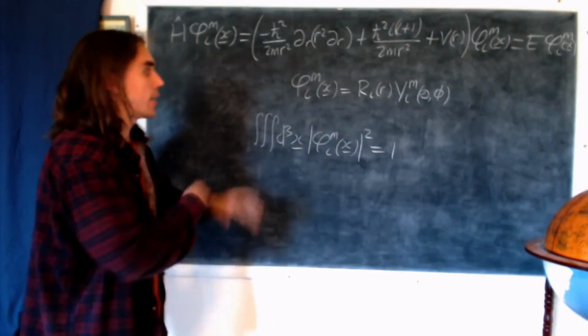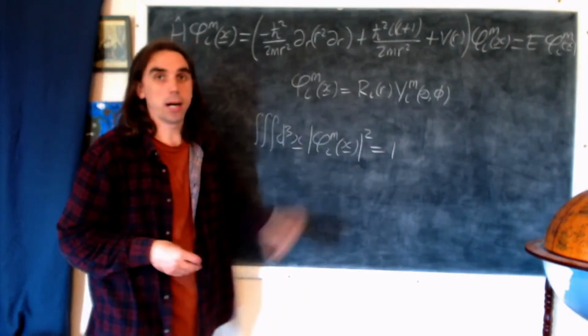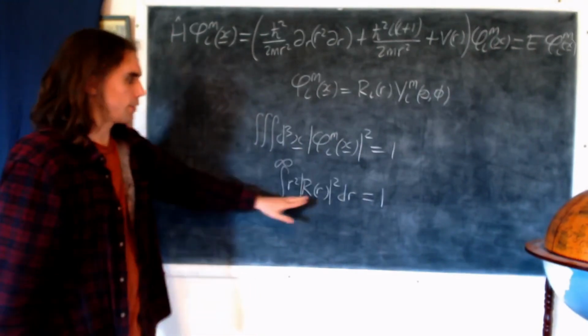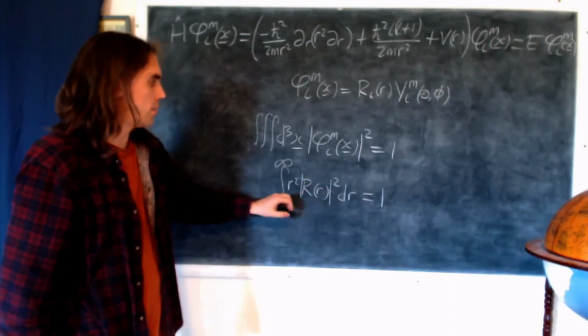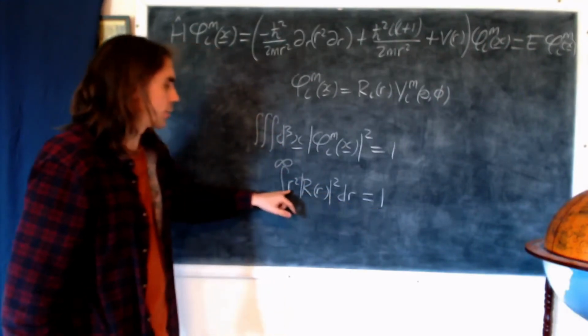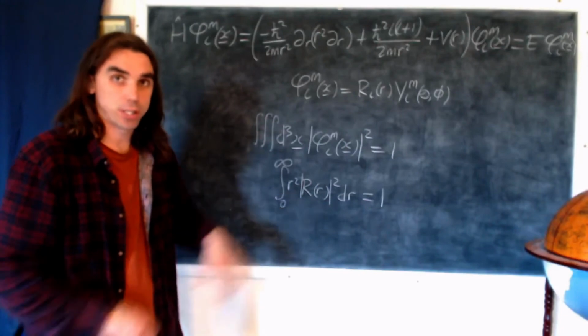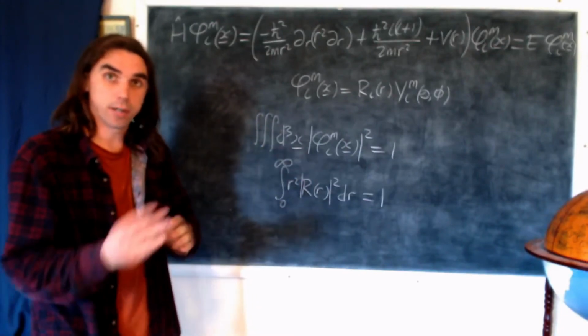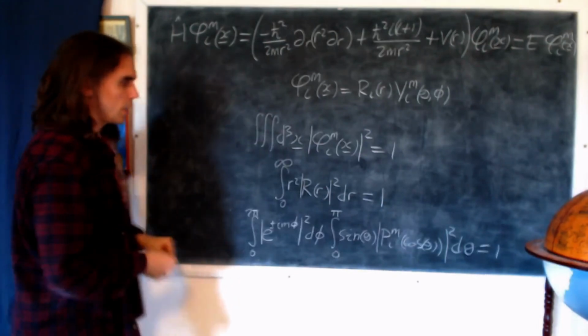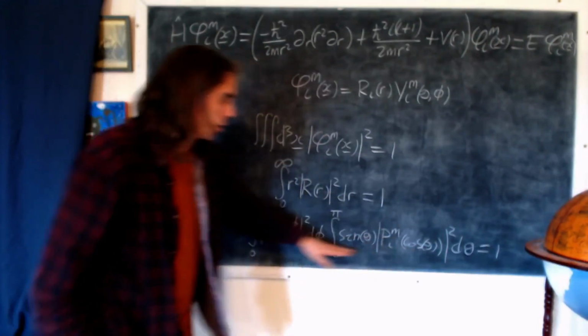We get a choice as to how we distribute the normalization amongst the different parts, but a convenient choice to make is this. The integral of the radial part modulus squared across 0 to infinity of r is 1, where we've used the Jacobian of r squared, which just takes us from Cartesian coordinates to spherical polars. And for the angular part, this then must also equal 1.